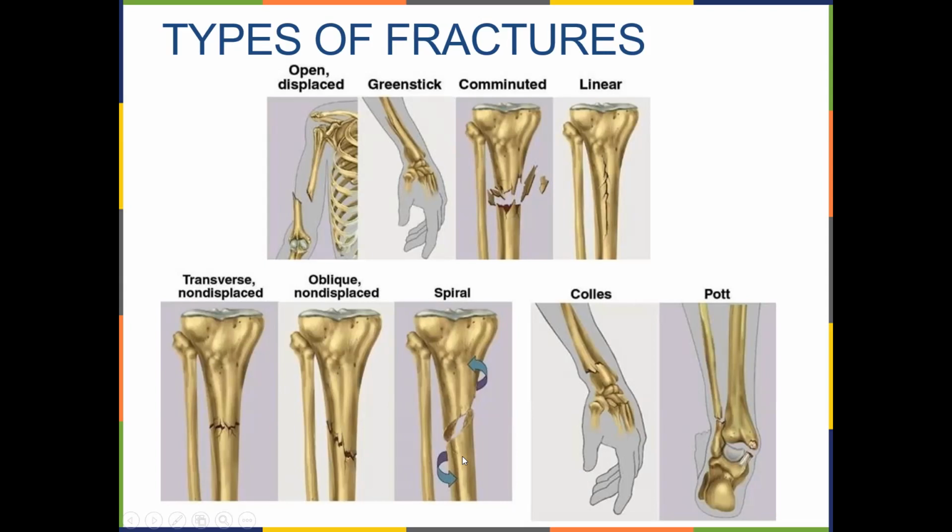A football player plants their foot in the ground to make their cut, make their turn, and their body turns and their leg didn't. And so you have this spiral fracture around the tibia, and it looks like this. Colles' fracture and Pott's fracture here. We see a break of the fibula and a tear of the tendons over here. So these are different types of fractures that can occur.